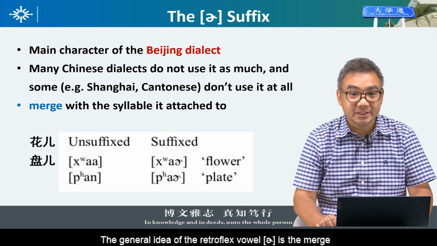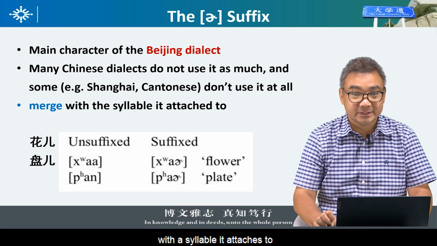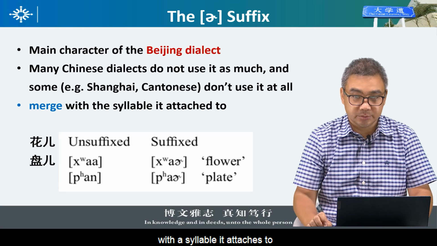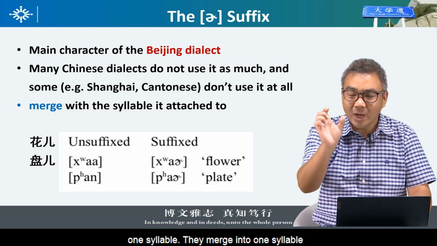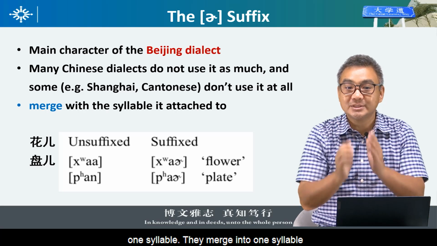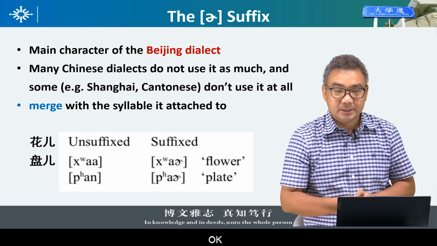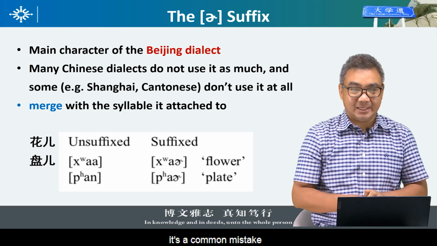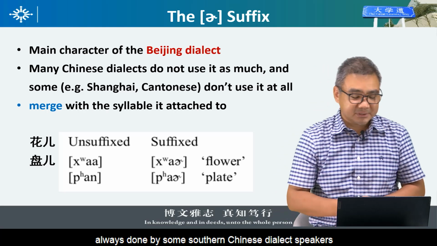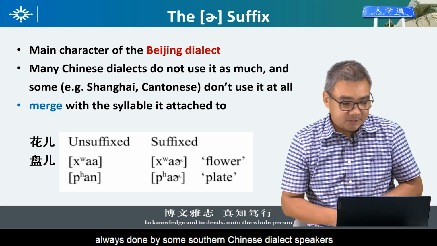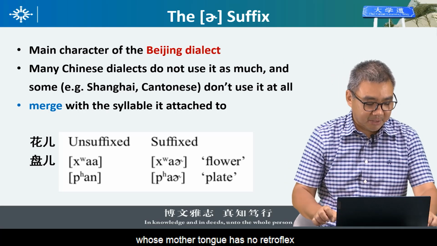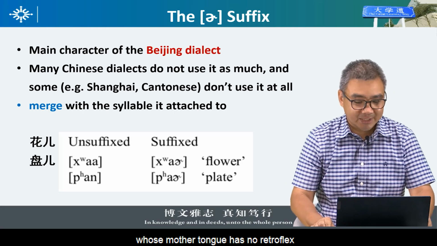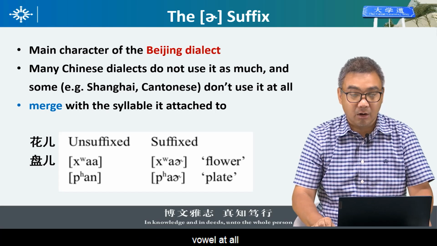The general idea of the retroflex vowel is that it merges with the syllable it is attached to. So you need to pronounce them not as two syllables, but one syllable. They merge into one syllable. I think it's a common mistake always made by some southern Chinese dialect speakers whose mother tongue has no retroflex vowel at all.